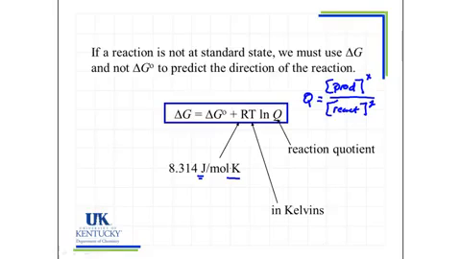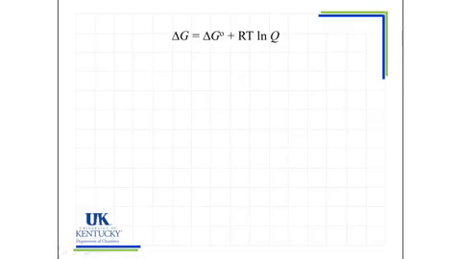So we can look at this reaction and say, okay, at this point in time, there is this much product, there's this much reactant. Let's put those numbers in there, and let's obtain a value for a non-standard delta G. Now, if everything were 1, then Q would be 1, okay? And if Q is 1, the natural log of Q is 0, and this term goes away. And that makes sense. Okay, so we're just going to think through this equation in terms of how does changing Q affect the delta G.